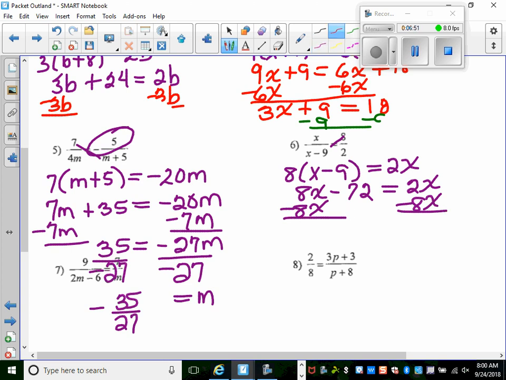So when I bring down the left side, I'm going to bring it down as a negative 72 equals a negative 6x. I'm going to divide by negative 6. And what is 6 into 72? Positive what? 12. And that's where you have that negative divided by a negative is a positive.